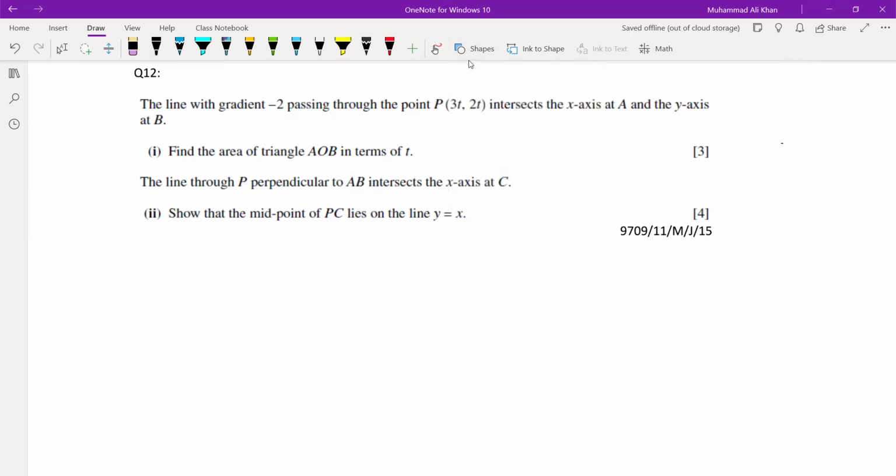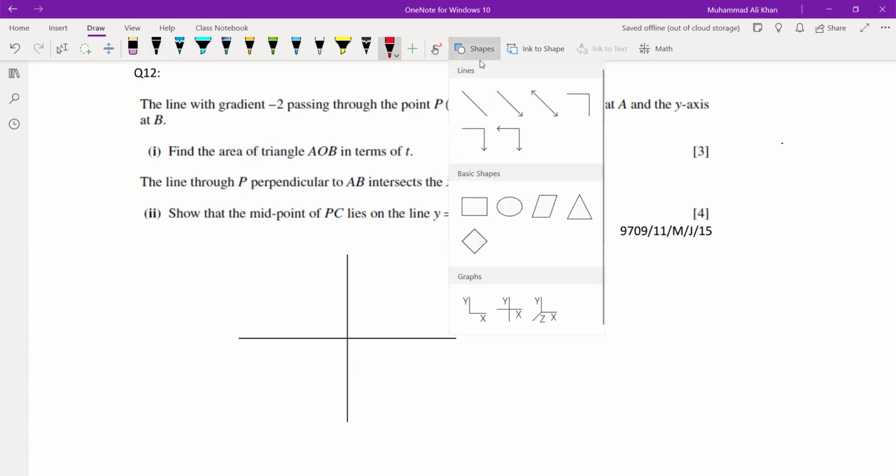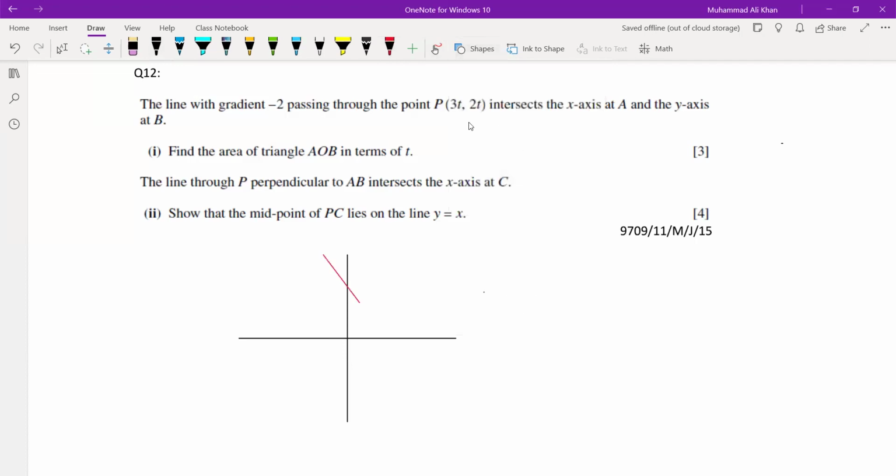फिर डायग्राम स्केच करते हैं। एक लाइन है एक्स एक्सिस वाई एक्सिस को टकरा रही है। Again, the line is like this, right?